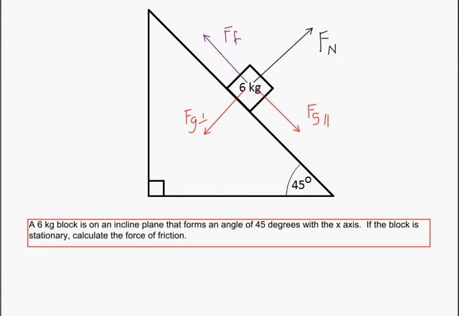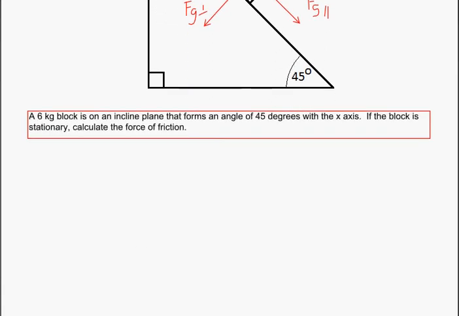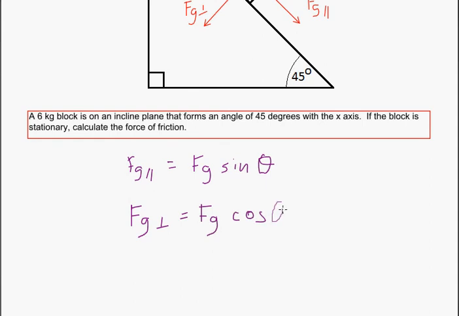Now, the one thing to realize is that the formula FG parallel is going to come from FG sine theta, and our FG perpendicular equals FG cos theta.